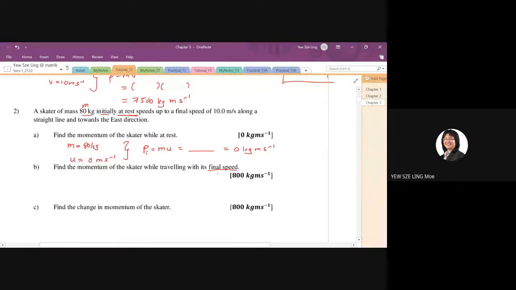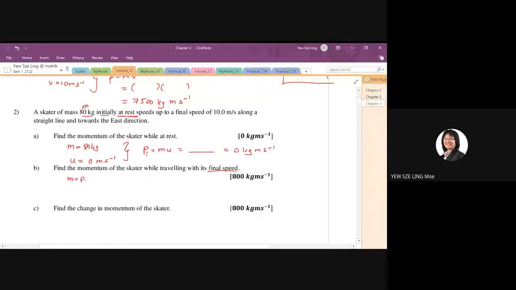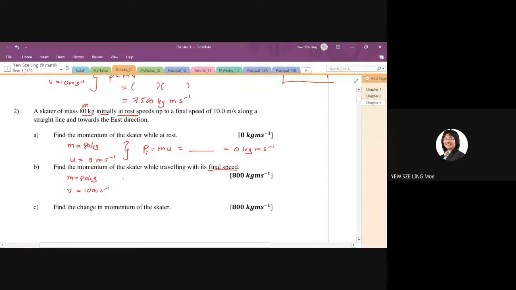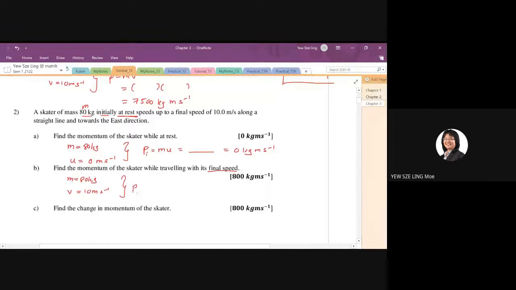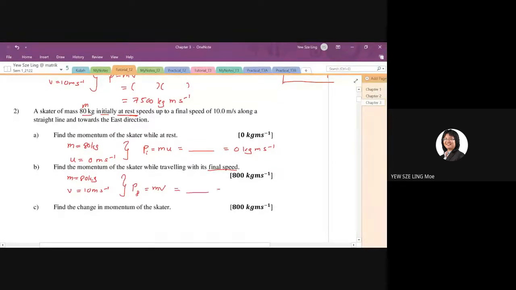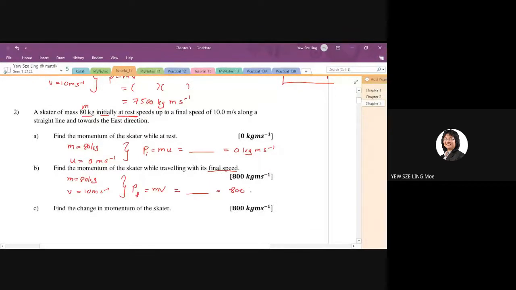So here the skater is moving with two different speeds, one initial and one final. For the final, again m equals 80 kg, and v now is 10 meters per second. So p final equals mv, which is 800 kg m s^-1.